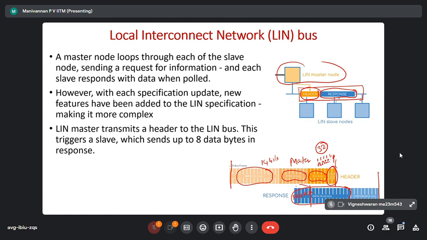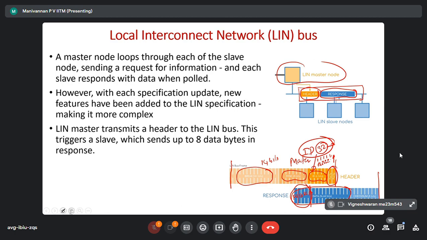So this is the data the master wants: whether any window is open. The bus master is connected to some devices. It will ask for that. So the window data ID is 32. While designing the LIN bus, you have decided the window open and close data ID is 32. Now what will the master say? The master will send 32.